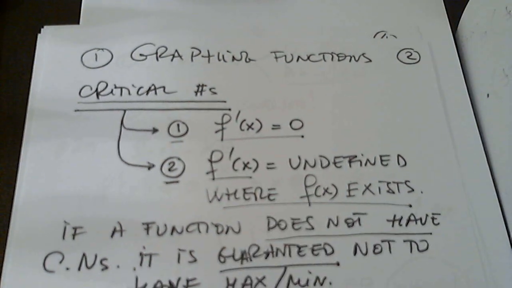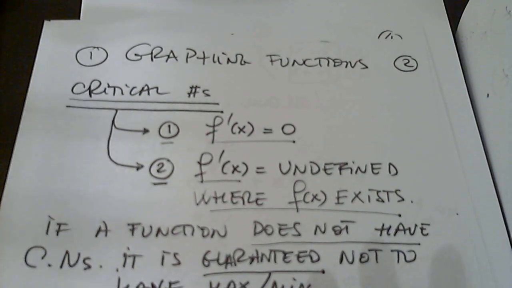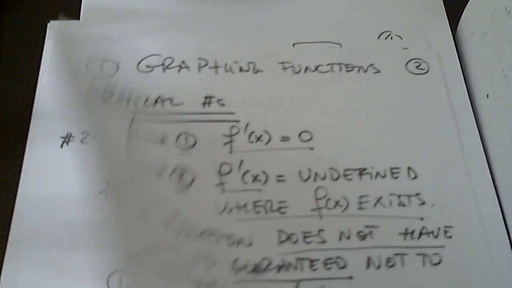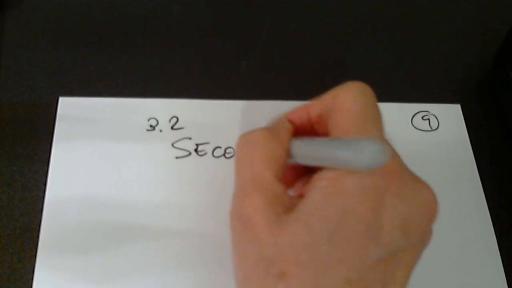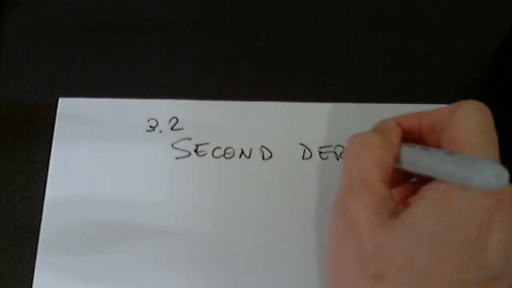The first derivative is the key here for critical numbers, for max min, for everything. That's what we discussed. I would like now to discuss the second derivative. And no, we're not going to go beyond the second derivative, I promise. So that's my page 9, I think. This is 3.2. Second derivative.